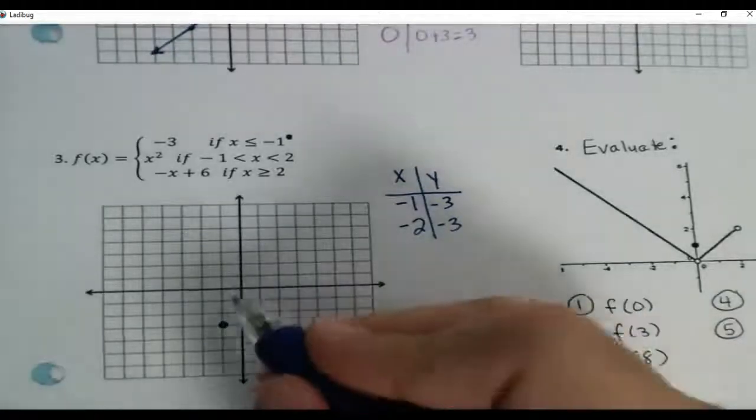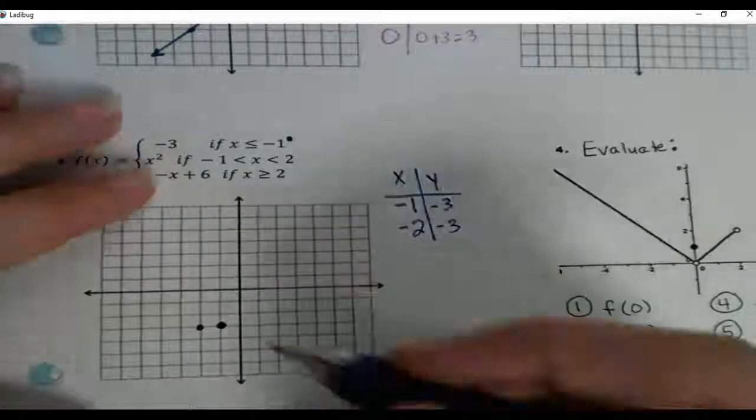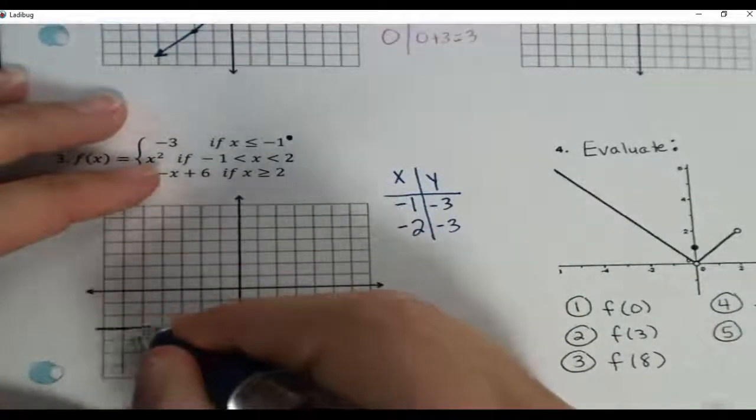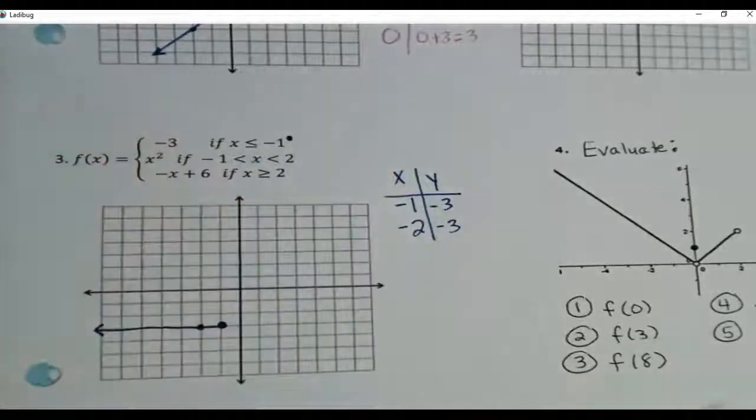And that tells us where it starts. That -2, -3 tells us which way it goes. So it's just a constant, straight, horizontal line at -3. Questions?